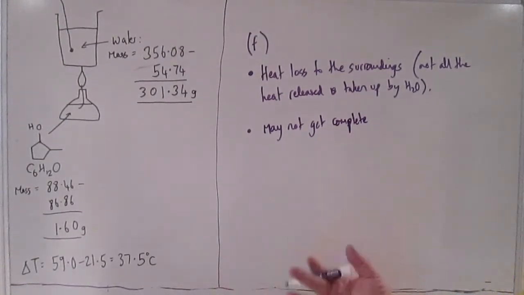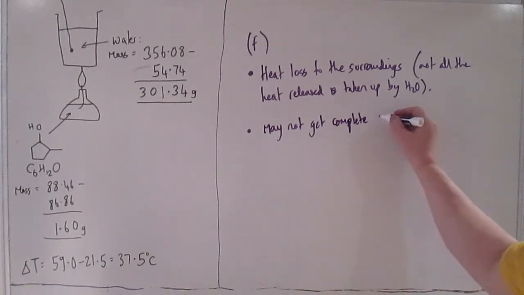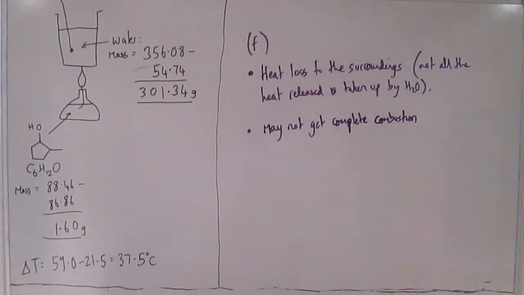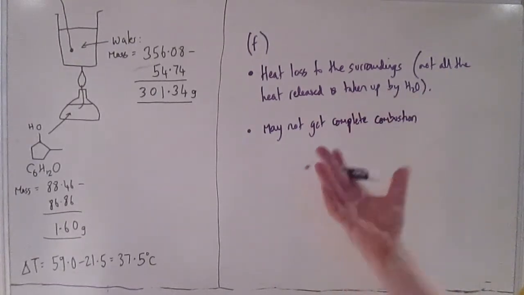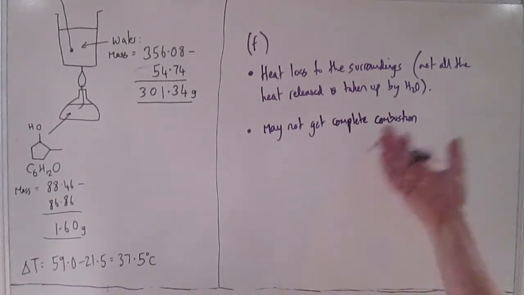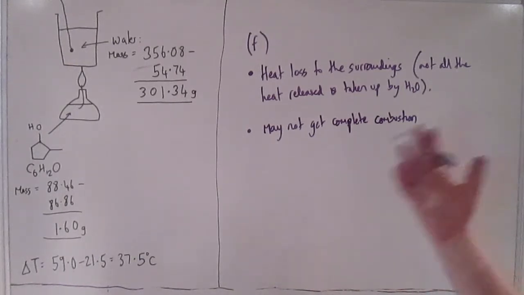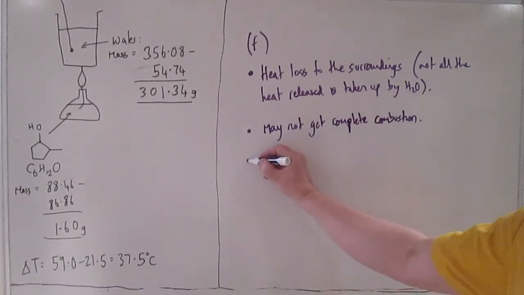Some of it might produce carbon monoxide or even carbon, meaning that the reaction wasn't simply the one you wrote in the equation, that some of the molecules ended up doing something different. Those reactions are less exothermic. So again, if that were the case, you would have underestimated delta H of combustion. So that's the second one.